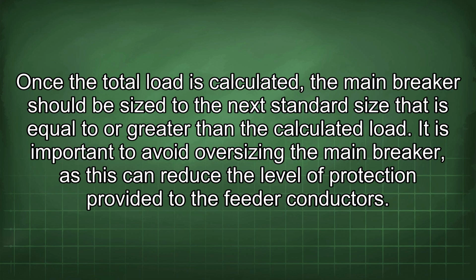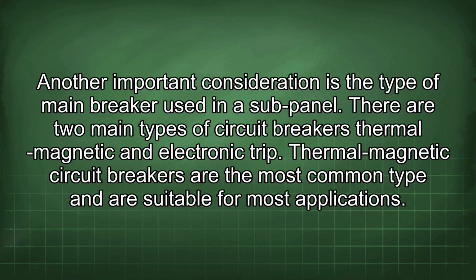It is important to avoid oversizing the main breaker, as this can reduce the level of protection provided to the feeder conductors. Another important consideration is the type of main breaker used in a sub-panel. There are two main types of circuit breakers: thermal-magnetic and electronic trip. Thermal-magnetic circuit breakers are the most common type and are suitable for most applications.